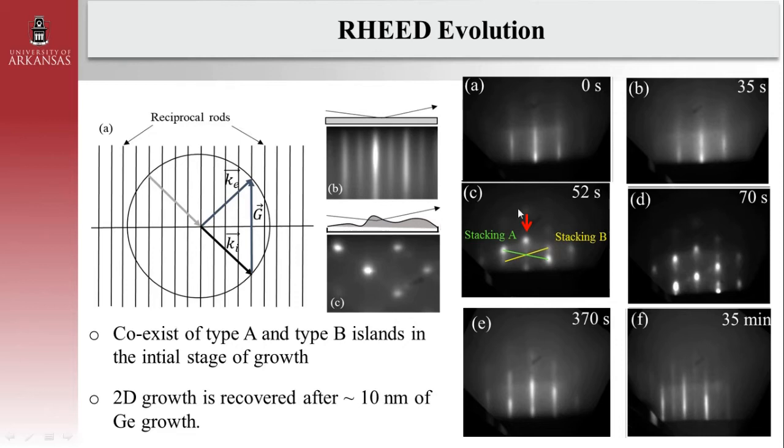So here are the RHEED images recorded for different stages of the growth of the germanium on that system. If you look carefully, at 52 seconds of growth, a substantial change in the RHEED pattern occurred. This spotty pattern suggests the onset of 3D island formation, characteristic of the Volmer-Weber growth mode. Here, a closer look at figure C reveals a superposition of two spotty patterns. These can be superimposed here, right?